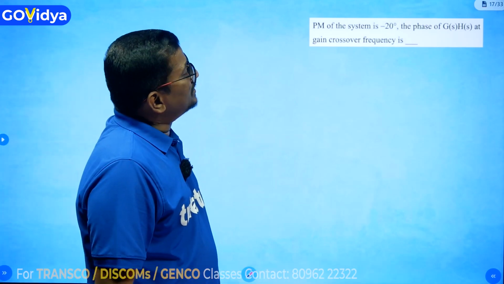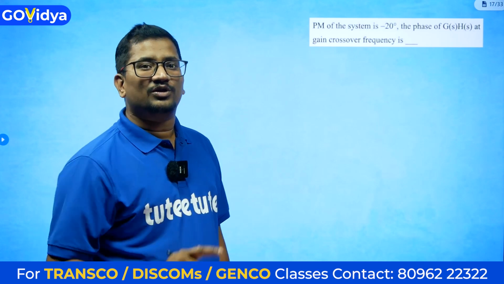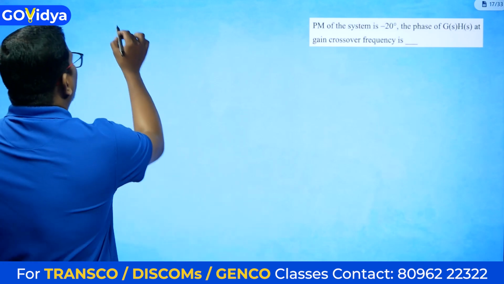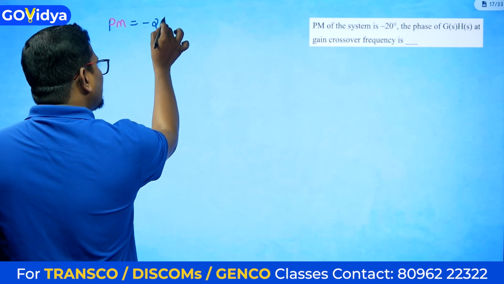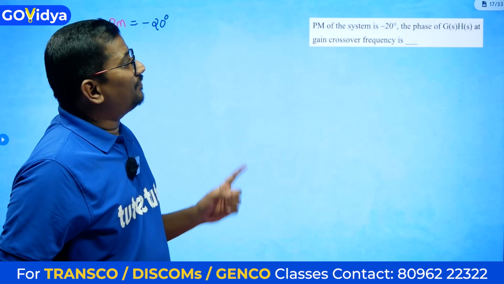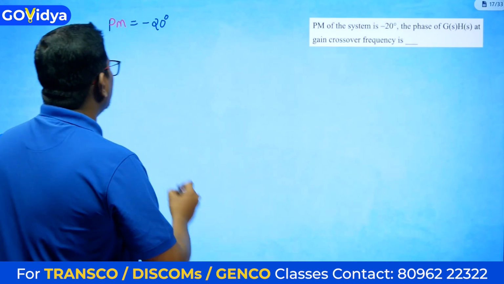The phase margin of the system is minus 20 degrees. What is the phase of G(s)H(s) at gain crossover frequency? They have given the phase margin as minus 20 degrees.